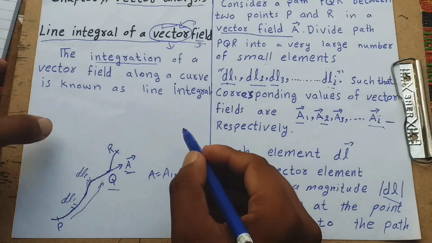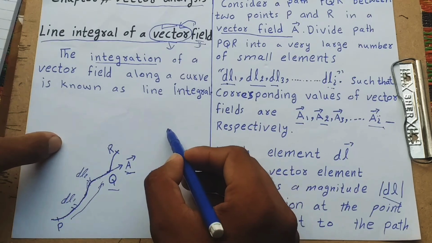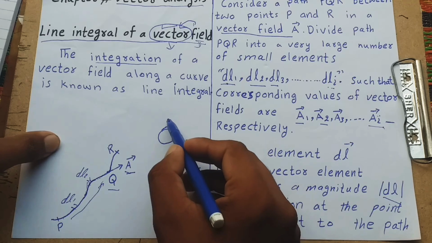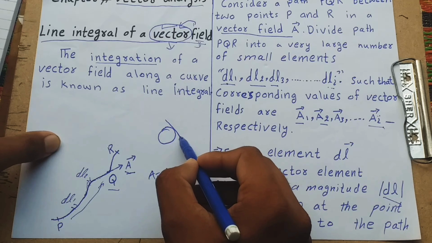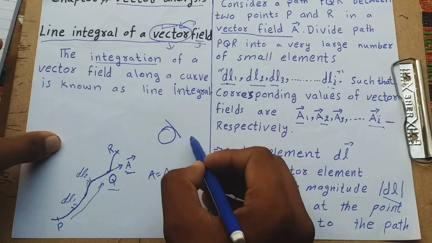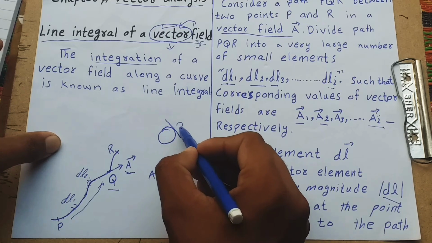Why do we consider the tangent? What is a tangent? For example, this is a circle, and a line crossing the circle from the side makes a tangent. This is a tangent.